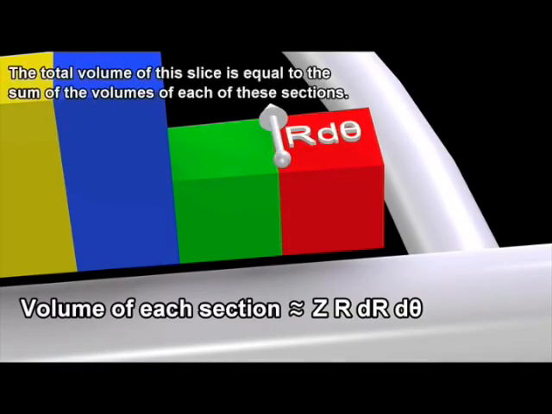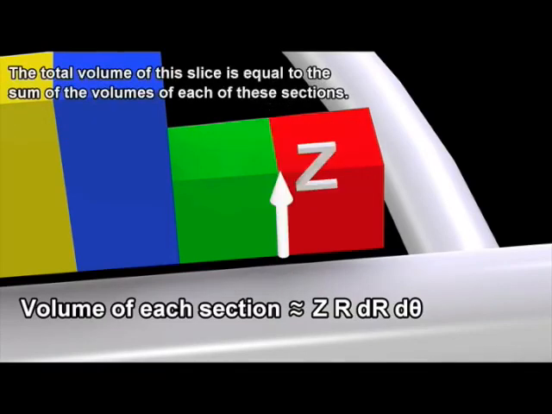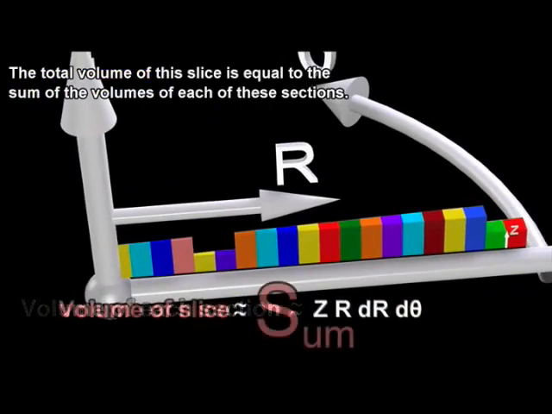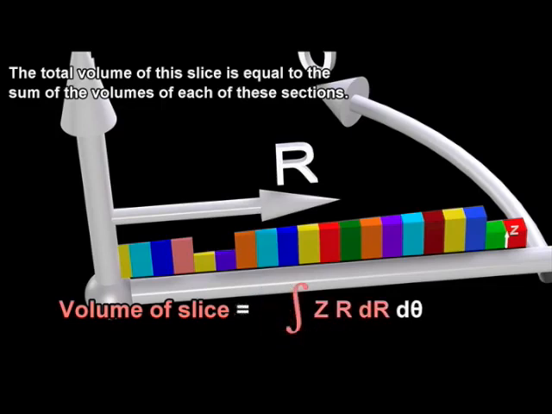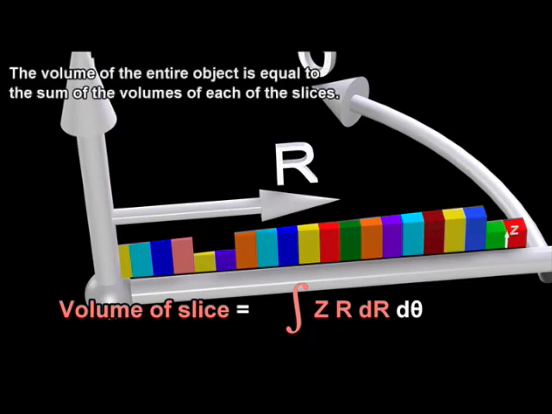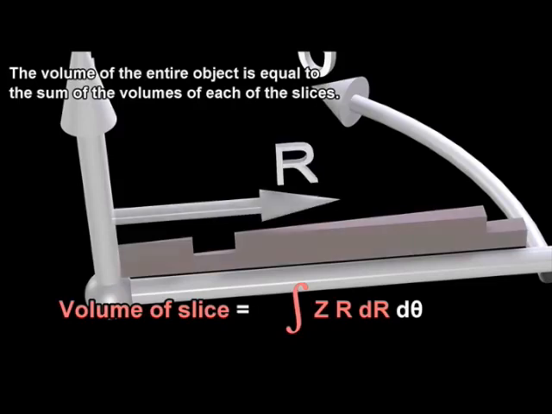The total volume of this slice is equal to the sum of the volumes of each of these sections. The volume of the entire object is equal to the sum of the volumes of each of the slices.